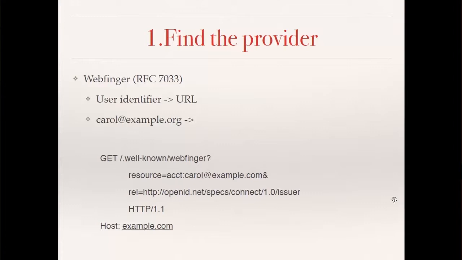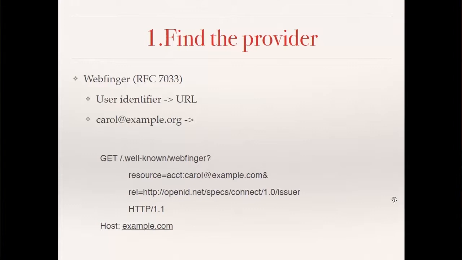Basically, you take the domain part of the email address, and you send the request to that website. And you add the path /.well-known/webfinger. And then you add some query parameters.